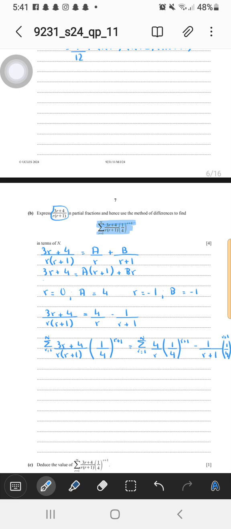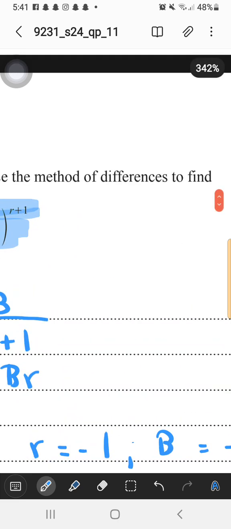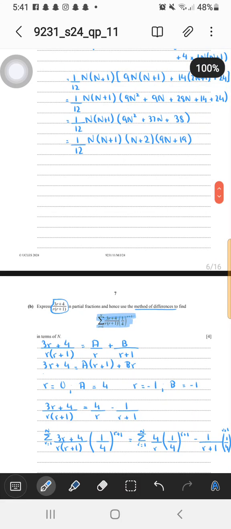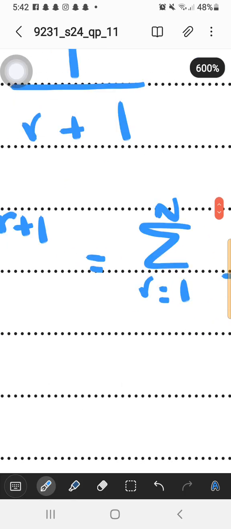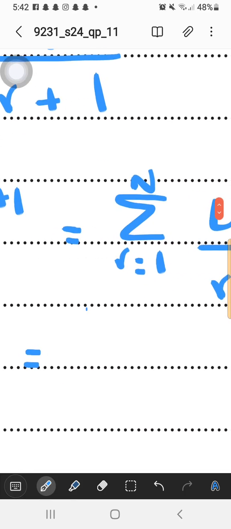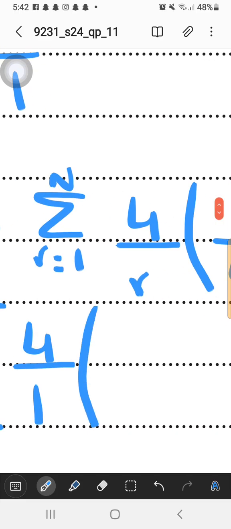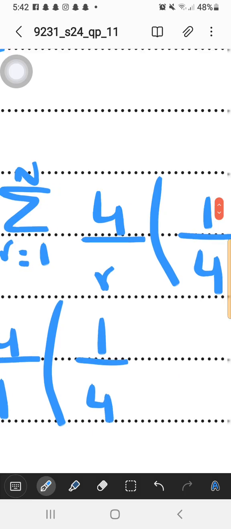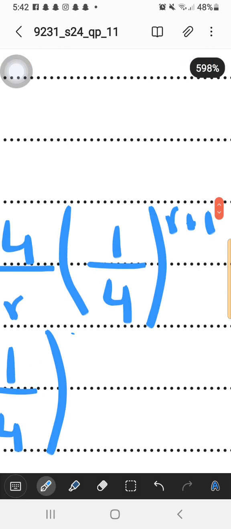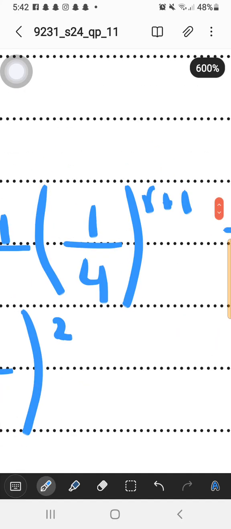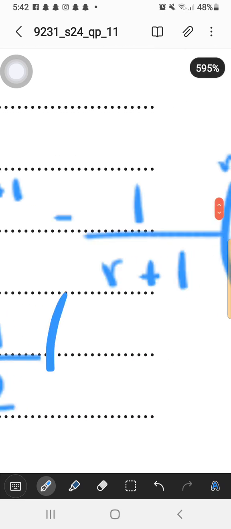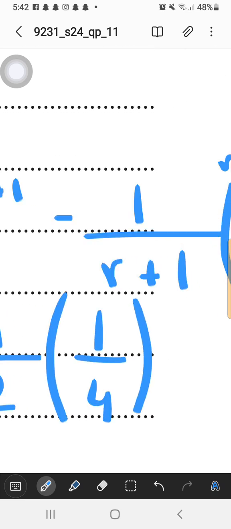So now use method of differences to find this. If we take r is equal to 1, it will be 4 upon 1 multiplied by 1 upon 4 with the power 1 plus 1, means square, minus 1 upon r plus 1 becomes 1 upon 2, as r is 1, and 1 upon 4 square.